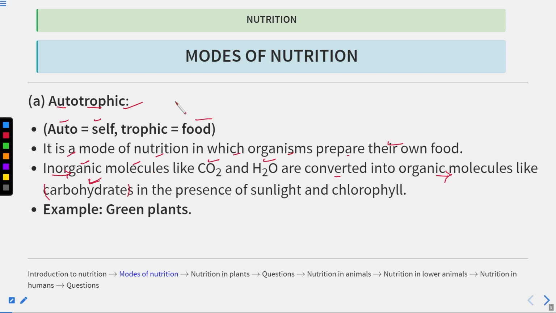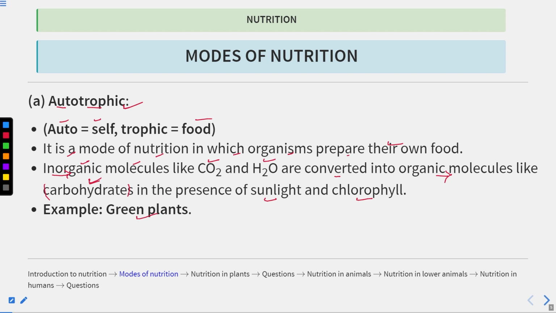And what is the requirement for autotrophic organisms? Presence of sunlight and chlorophyll is required to carry out the autotrophic mode of nutrition. Examples of autotrophic organisms are green plants.